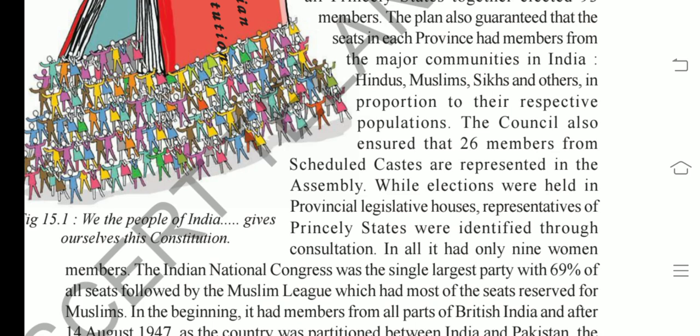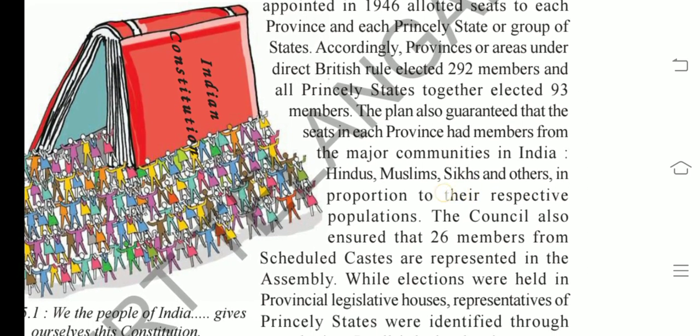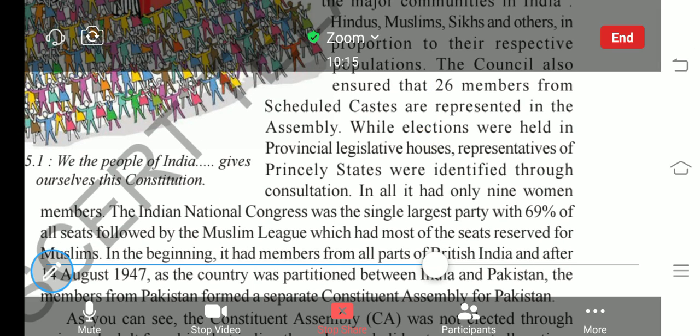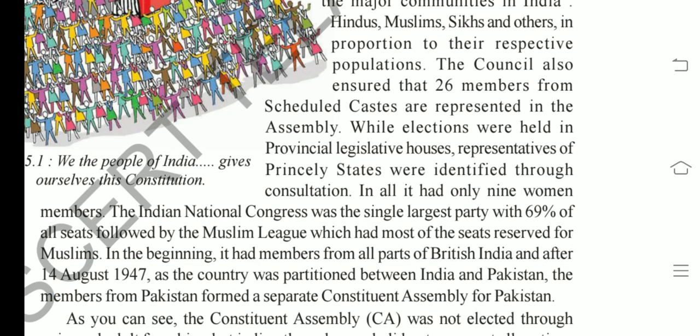So here the 292 members from the provinces are elected by the process of election, which was held in the provincial legislative houses, and the representatives of the princely states were not elected by election.